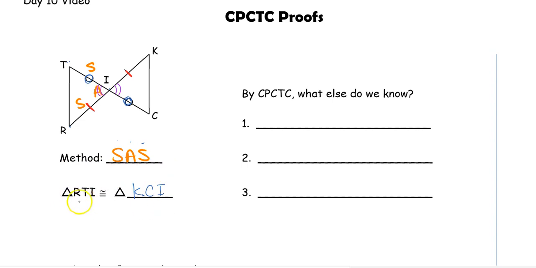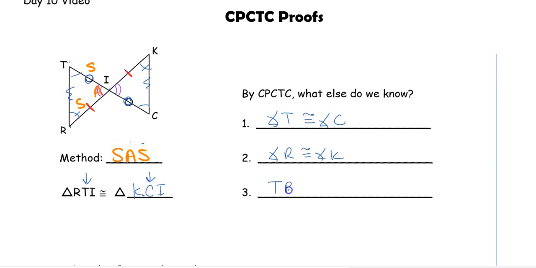Now that we have our triangles congruent, I know that angle T is congruent to angle C, and we see that in our diagram. We had our vertical angles, so we also know that angle R is congruent to angle K. And the last thing is those two sets of corresponding sides. We use two sides to prove they're congruent, and these are my two sides I have left.